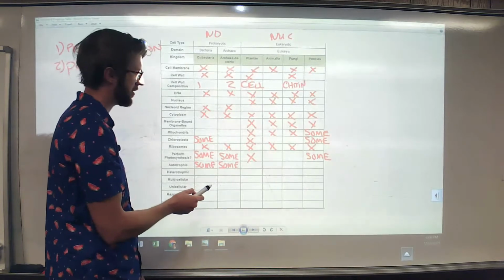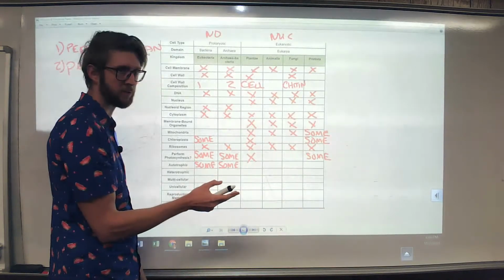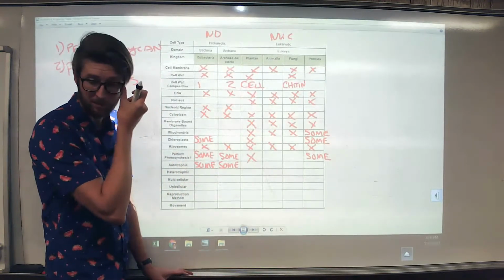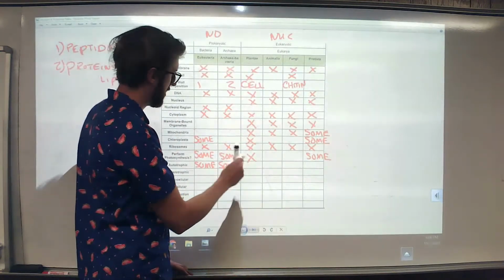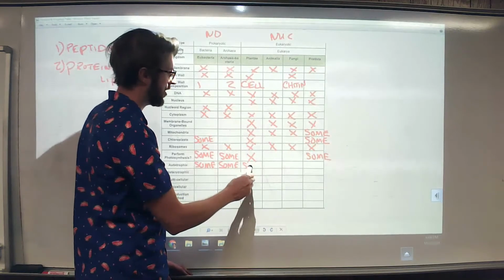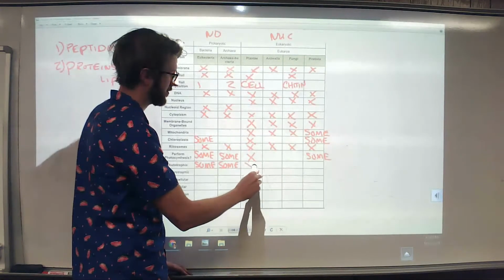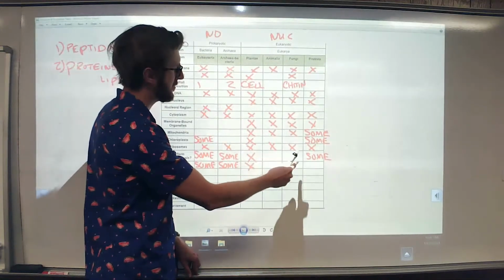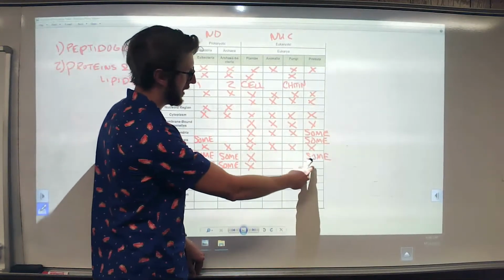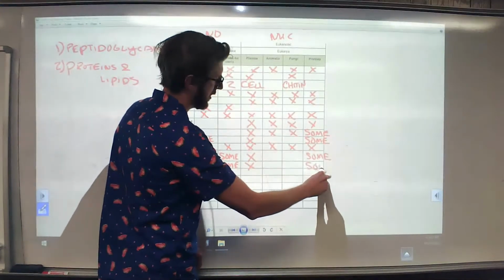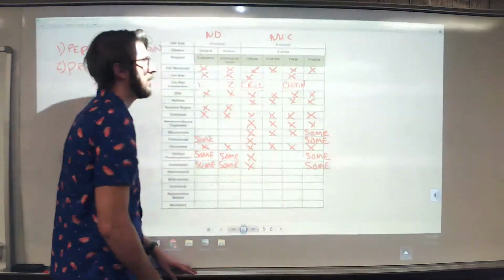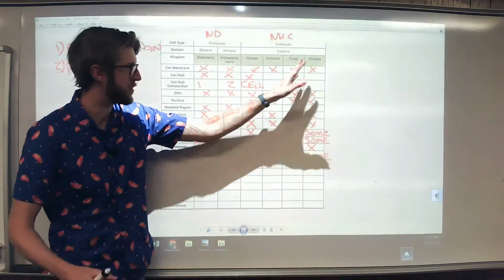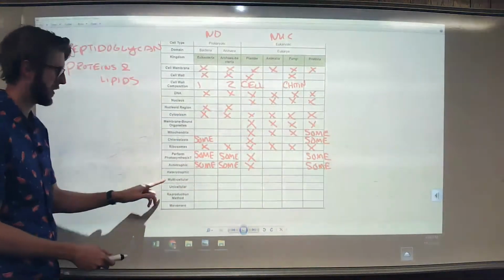Some archaea bacteria are autotrophic. Most are, really. But we have to put some because there may be some that aren't, okay? Plants, all plants are autotrophic. I apologize. Animals, not autotrophic. Fungi, not autotrophic. And some protists are, again. Now, protists are weird. We're going to talk about why protists have so many sums. Some do and some don't. We'll talk about that in a second.